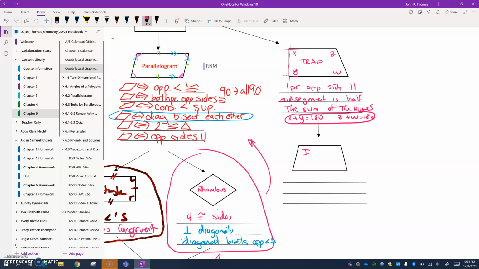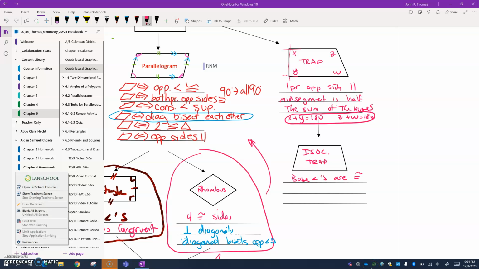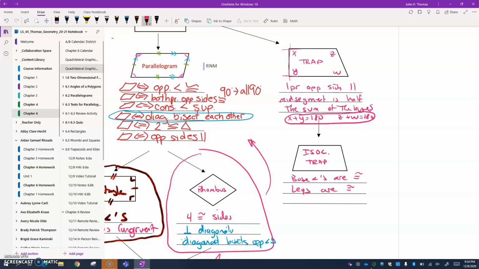All right, so this is our trapezoid. And then this is our isosceles trapezoid. And in an isosceles trapezoid, we do get a couple other options. All right, base angles are congruent. Legs are congruent.